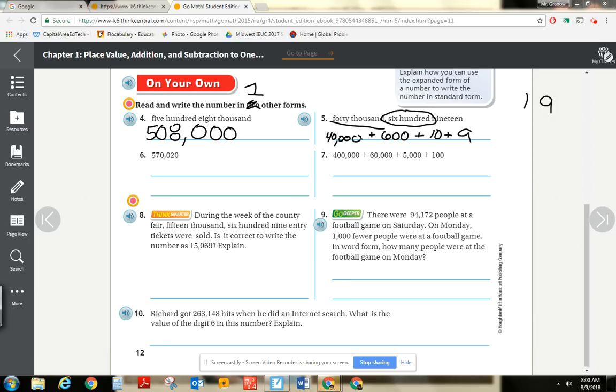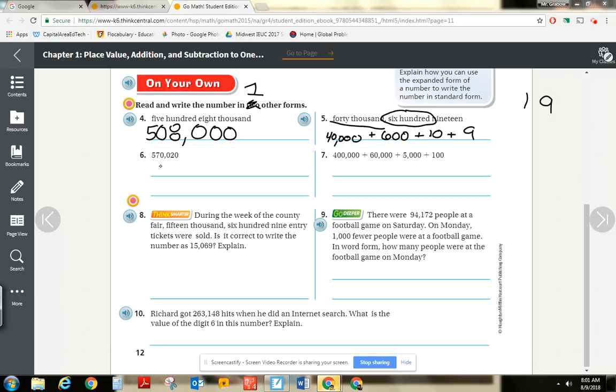So this is the expanded form for the number 40,619. Sometimes kids don't do the 10 plus 9, they just put 19. And that's pretty close, but you got to break it up by the tens and the ones place. So expanded form is each place value as something. I do like usually holding the spots with zeros, but for now this will work.